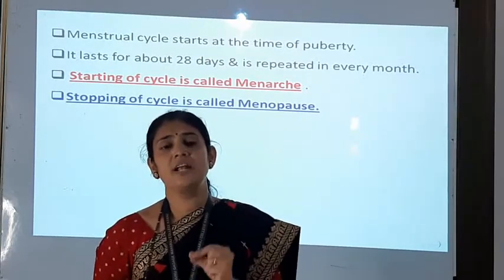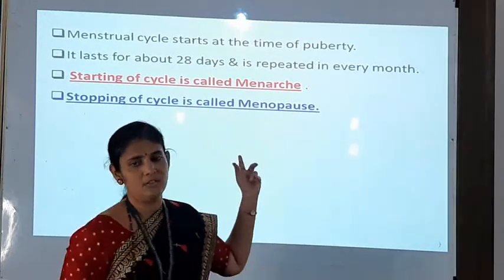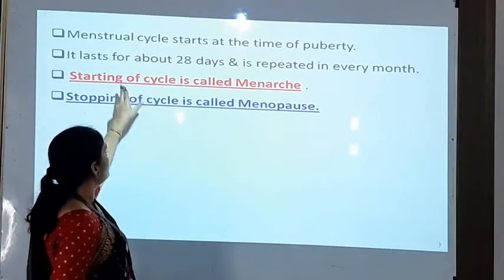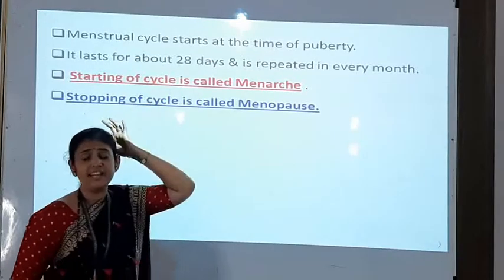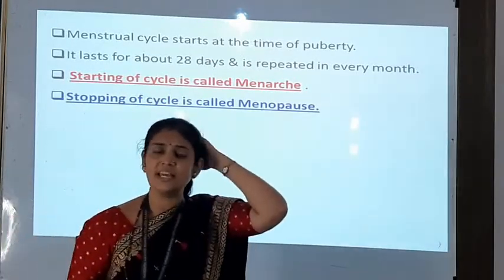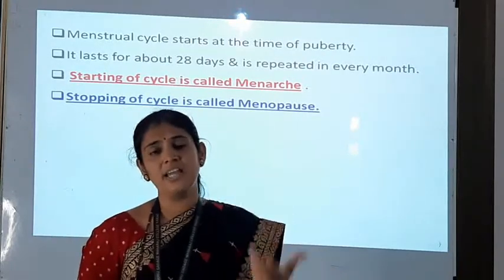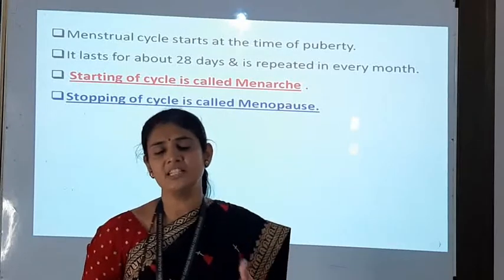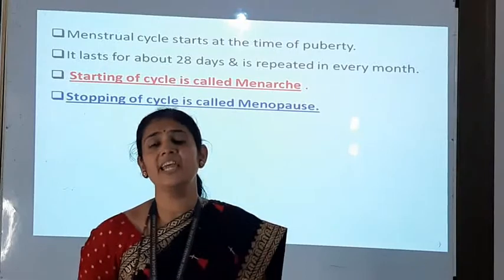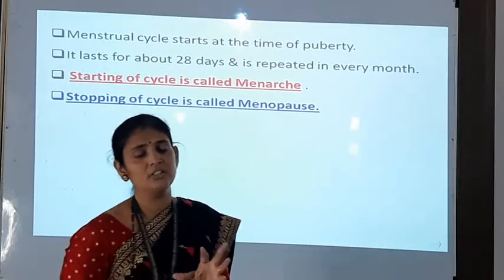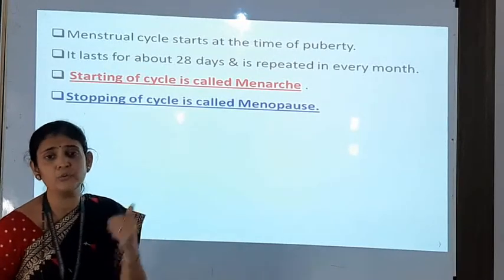Along with that, the menstrual cycle also starts with puberty, and it is repeated every month, showing a 28 days cycle. This means the cycle is 28 days, and it is repeated after every 28 days. The cyclic changes repeatedly take place after every 28 days, and therefore these are different cyclic events present in this menstrual cycle that we have to study.